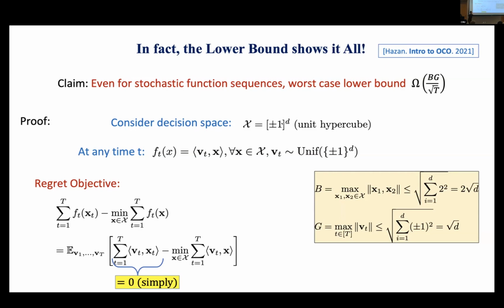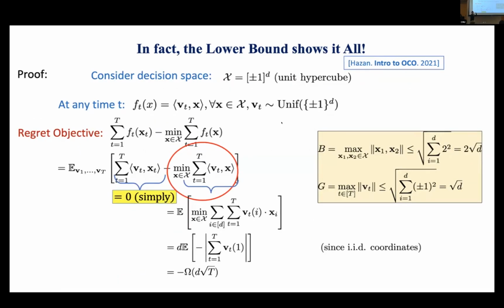So really the point lies in showing whether the minimizer, the God predictor, can exploit this and do something better than zero. Turns out that it can. If we analyze this second quantity, because there's a negative sign in front of it, with some basic algebra and some concentration bounds, we should be able to show that this second term is essentially of the order of minus d square root t, when the vt's are drawn from the extreme points of the hypercube.